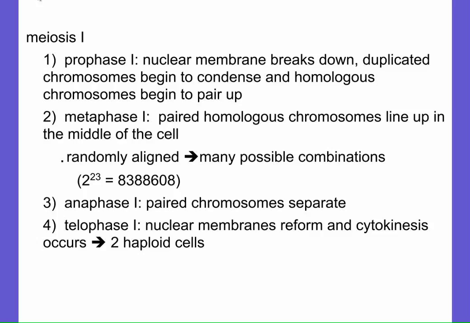That's what happened in prophase last chapter. Duplicated chromosomes begin to condense. Chromatin turns into chromatids. That happened last chapter too. The only thing that's new is the only thing I'm going to highlight. Those homologous chromosomes begin to pair up. So that did not happen in mitosis. It is happening here.